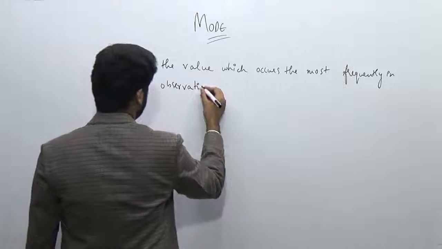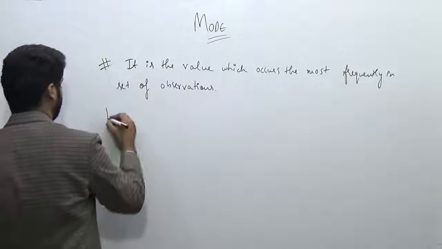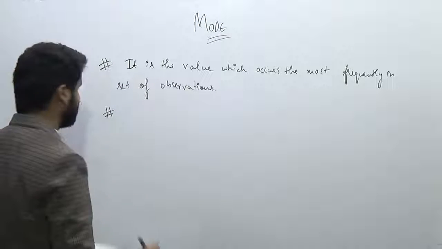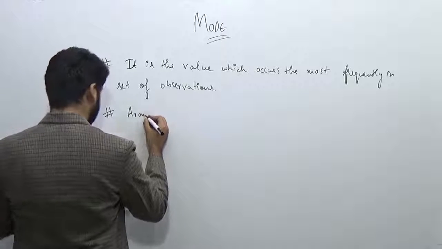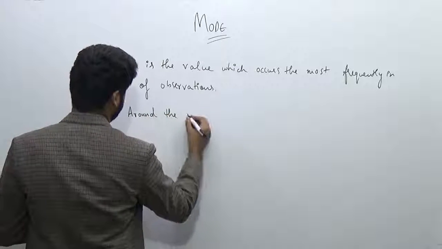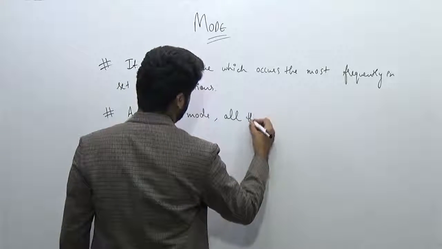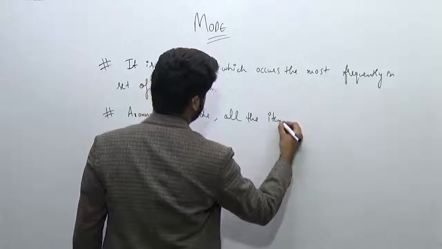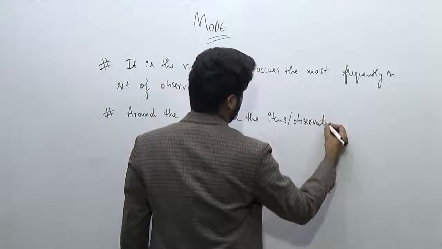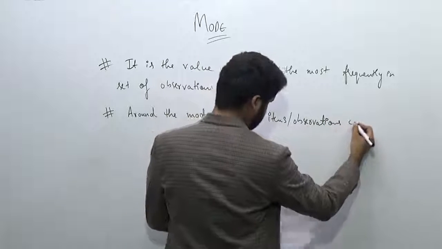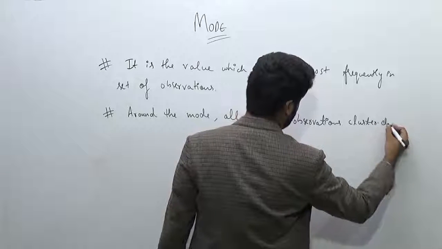So this is the first characteristic of mode, and the second characteristic is that around the mode, all the items or observations cluster around or cluster densely.